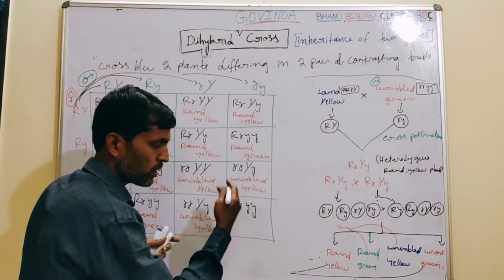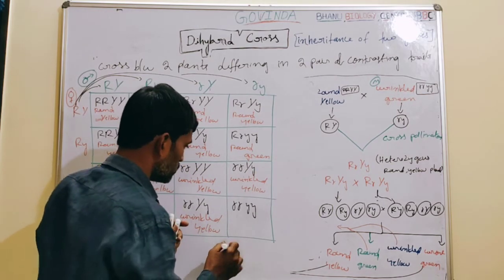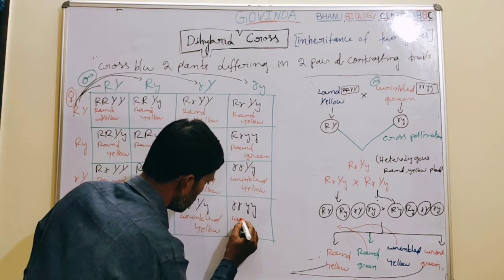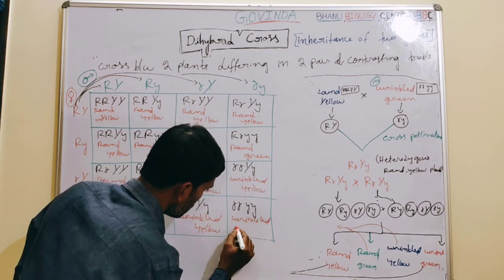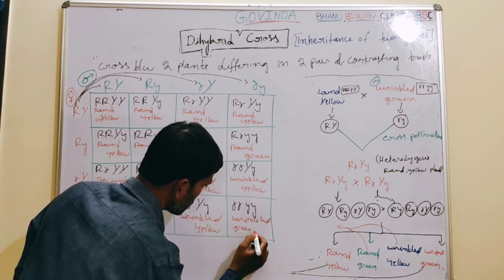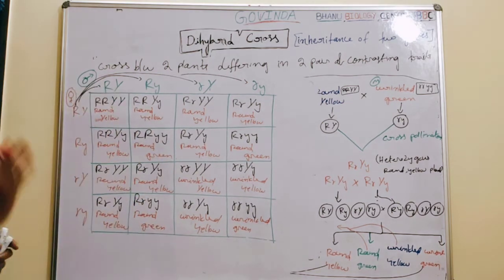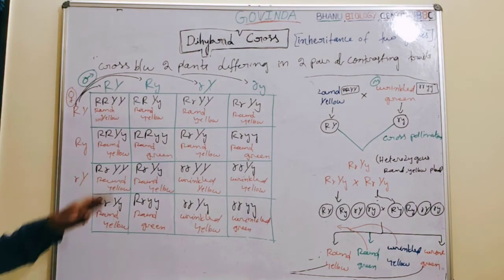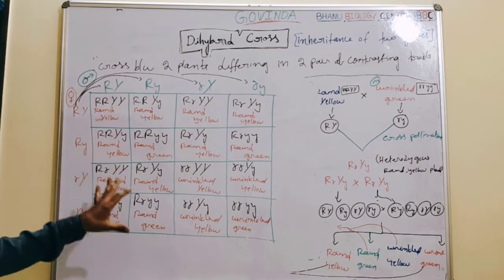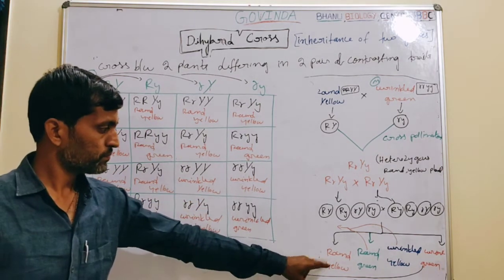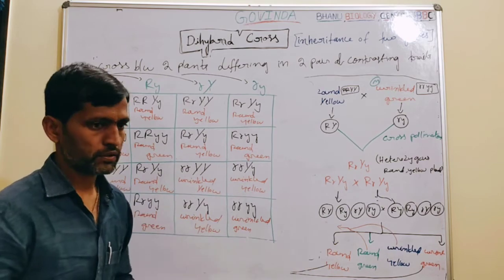Then small r, small y, both the pairs are in recessive condition, the plants become wrinkled shaped, green color seeds producing plant. Now everything is clear about phenotype of plants. So let us count the number of these four combinations.